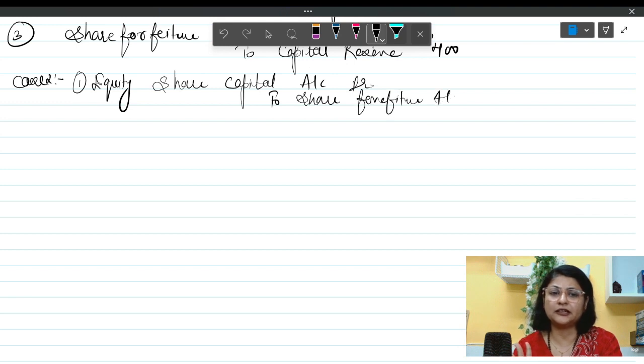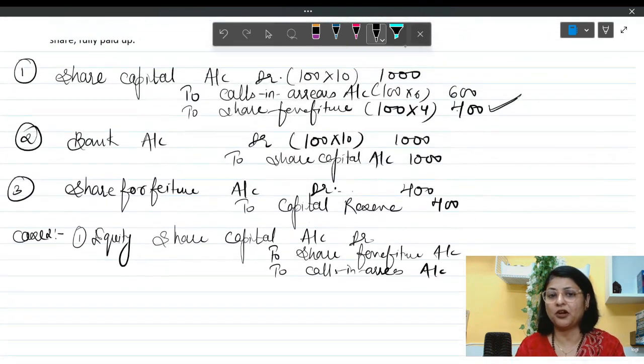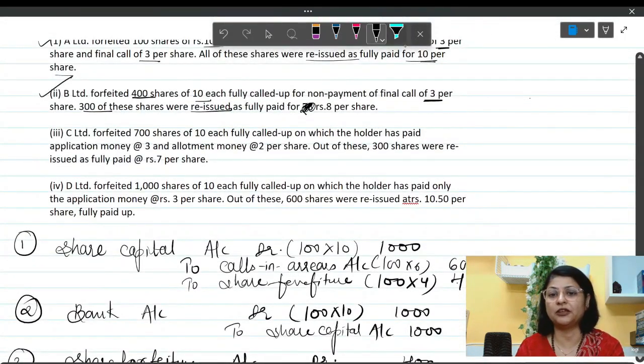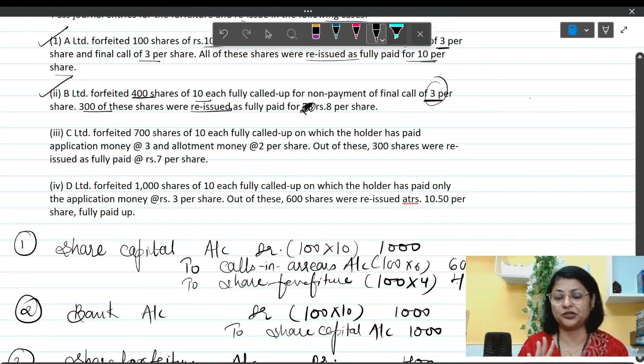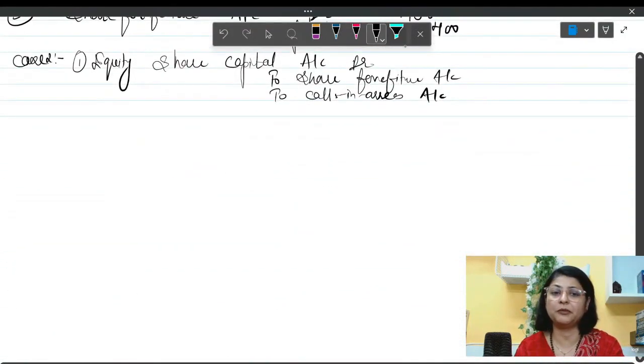On the credit side, 2 things are going to come: share forfeiture account and calls in arrears. Calls in arrears is the amount which the shareholder did not pay, and share forfeiture is the amount which has been paid by the shareholder. Here 3 rupees is not paid by the shareholder, which means he has paid 7 rupees.